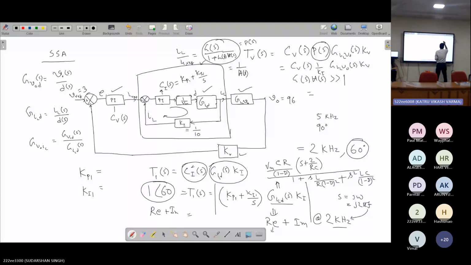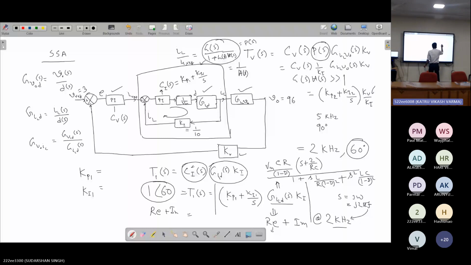So the only unknown parameter is the outer loop PI controller. That is basically your KP2 plus KI2 by s, into KV divided by Ki, into your G_IL,V0(s).